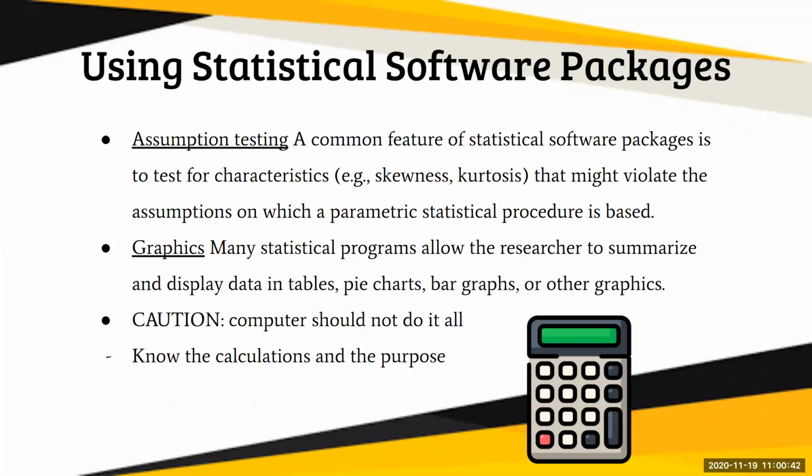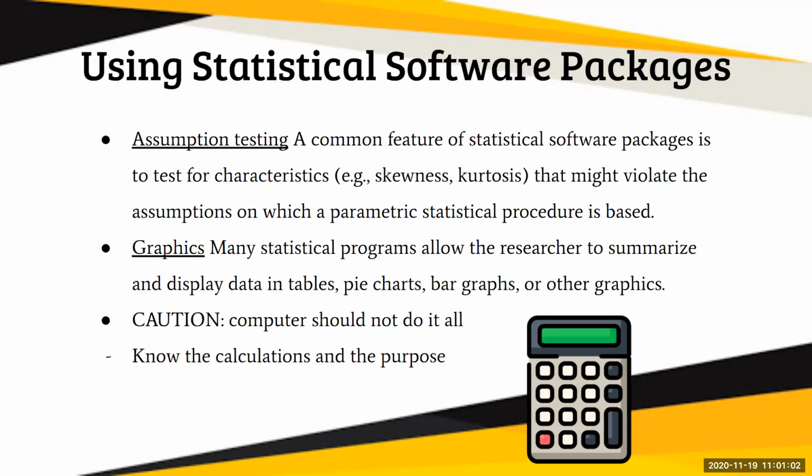On the next slide, assumption testing. A common feature of statistical software packages is to test for characteristics, for example the skewness or kurtosis, that might violate the assumptions on which a parametric statistical procedure is based. And the graphics.